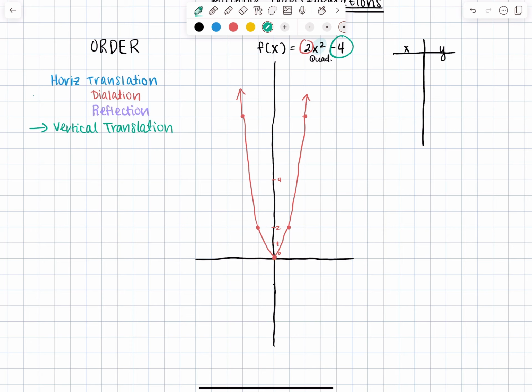Start off by this point right here. 1, 2, 3, 4. Then 1, 2, 3, 4. Then 1, 2, 3, 4. Perfect. Then you can draw your lines.